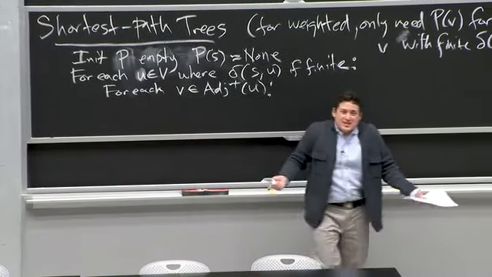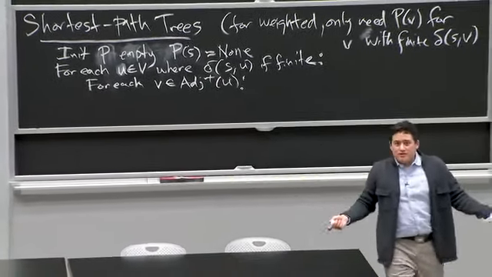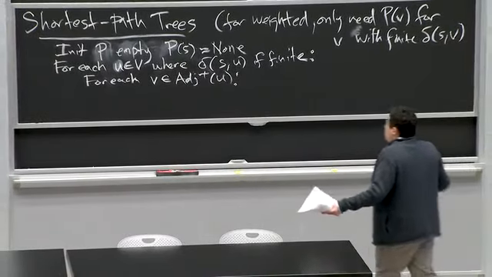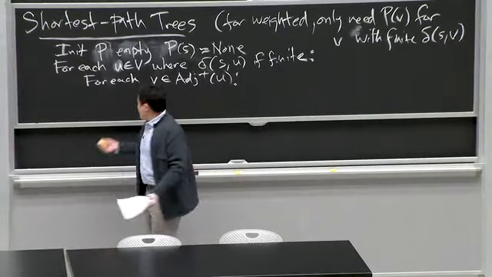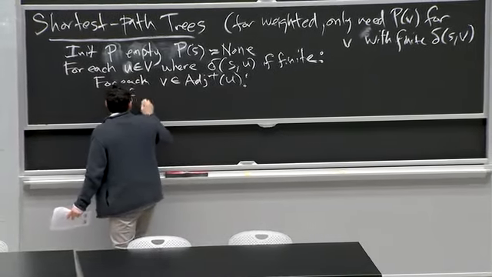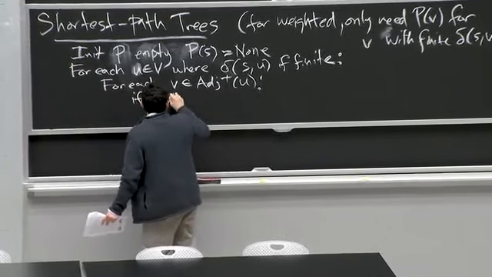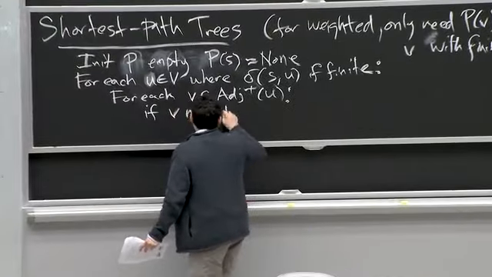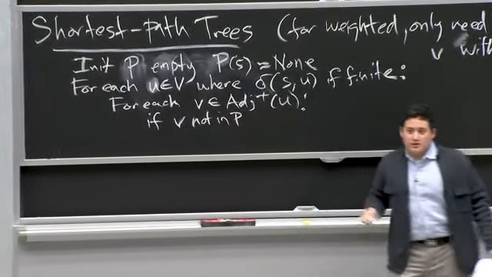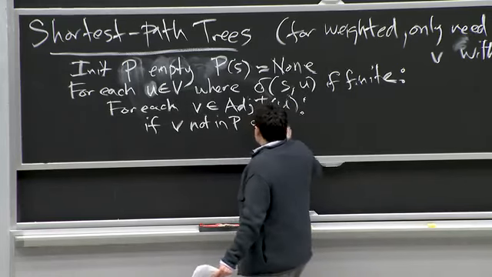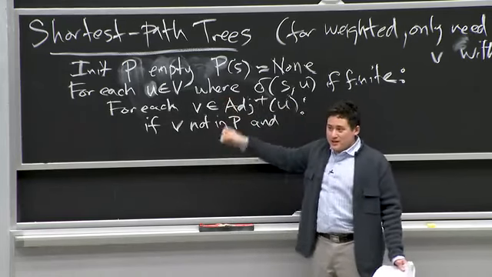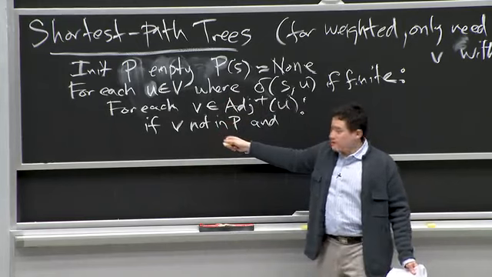It's possible, it's some incoming edge to v. When will it be an incoming edge to v? If v is not in P, I haven't assigned it a parent pointer, and so this means it could be my parent.